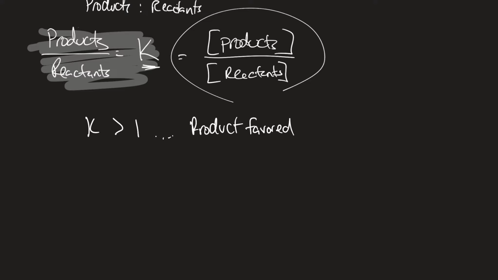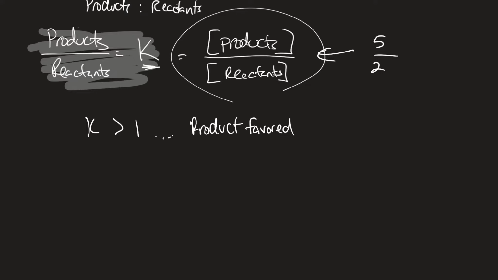That simply means when the reaction has reached equilibrium, there's a higher concentration of products than reactants. That makes sense from the point of view of a fraction: for a fraction to be greater than 1, the magnitude of the numerator, the products, must be larger than that of the reactants. For example, something like 5/2 is greater than 1, so product favored.